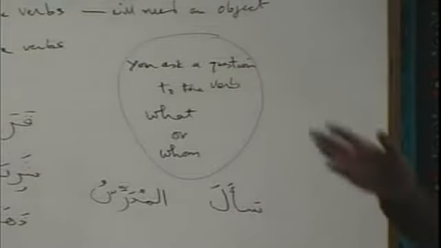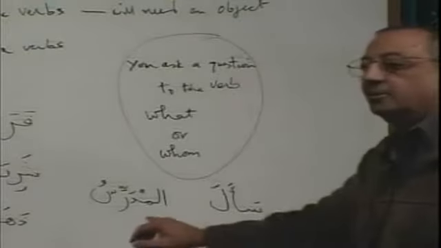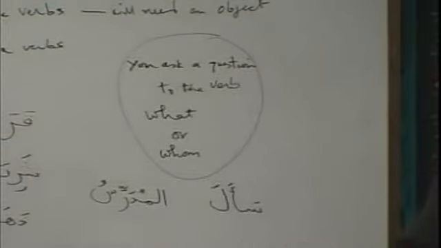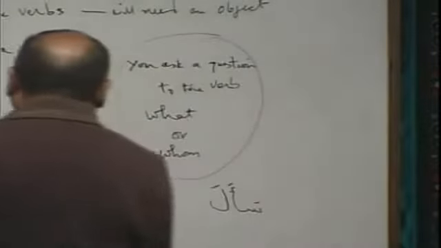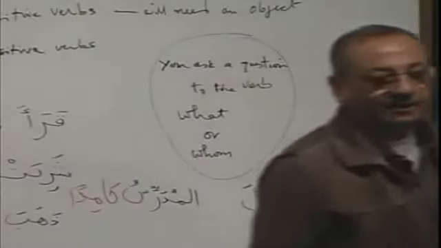He's not going to ask a chair or a table, but he's going to ask some individual. So then Sa'al al-Mudarrisu, and if I say it was the Hamid who was asked, so what will you say? Sa'al al-Mudarrisu Hamidan. Are you with me? I will write down here, Hamidan.